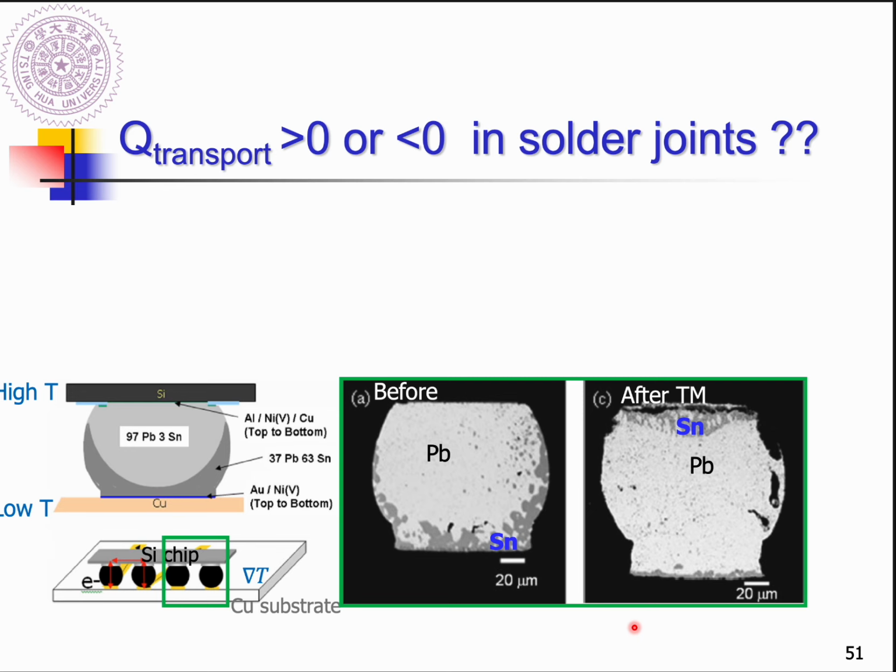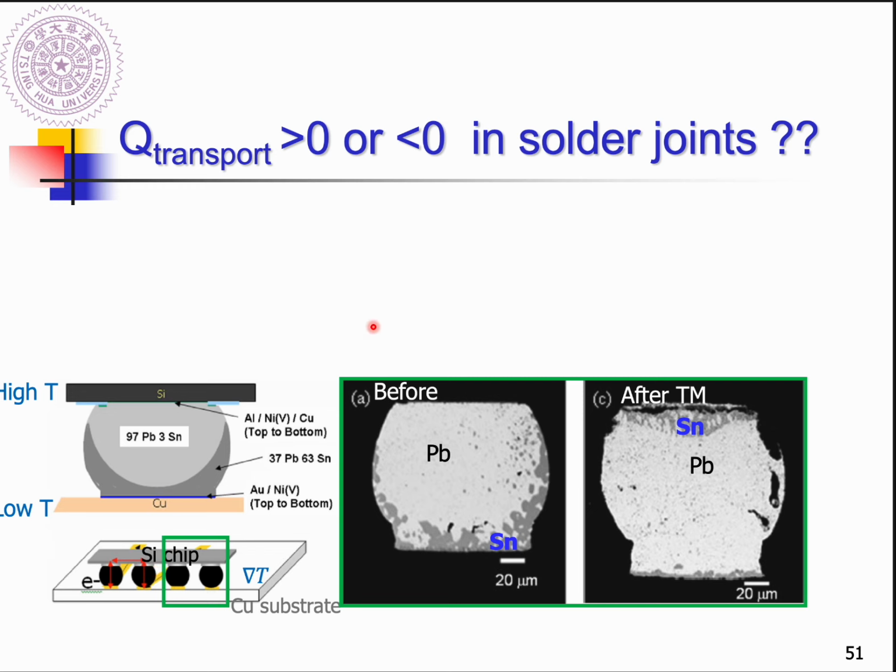But no matter what type of solder bond they want to investigate, the very important part is to determine not only the heat of transport of a specific material. Usually, because solder bonds are used in microchips, people want to directly measure the heat of transport in the solder bond itself, not only on the thin film, right? So it's different.